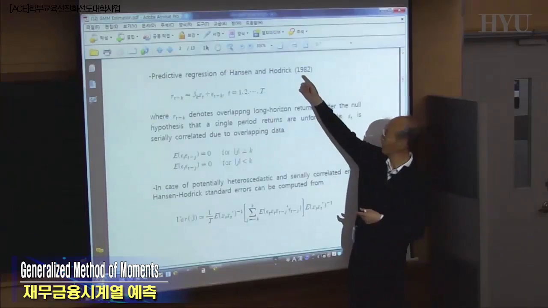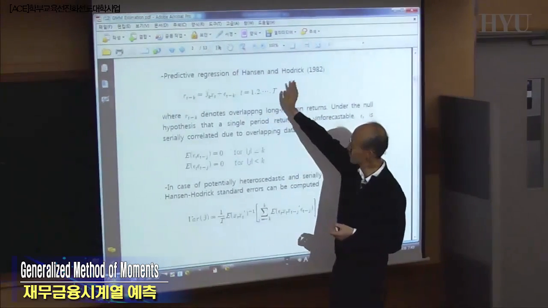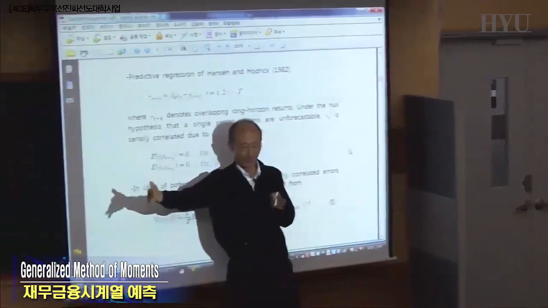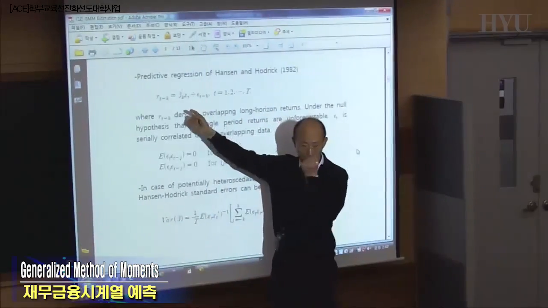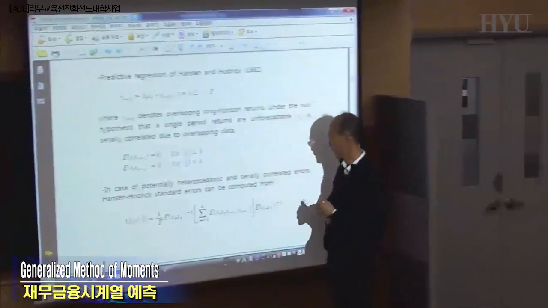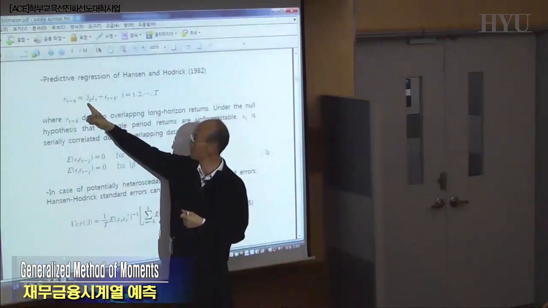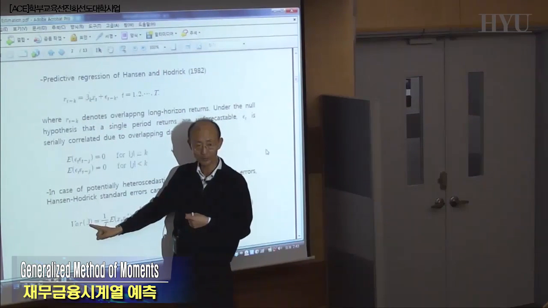In 1982, Hansen and Hodrick tried to predict future overlapping exchange rates using some variable. To make inference whether this is significant, they have to calculate variance, right?